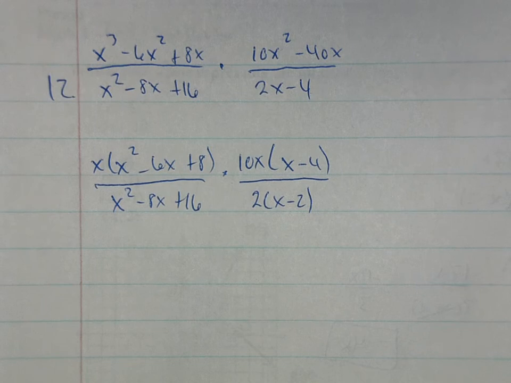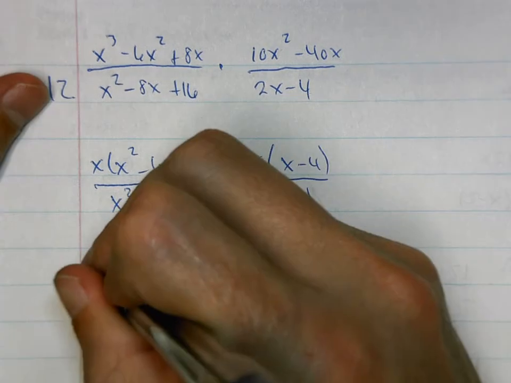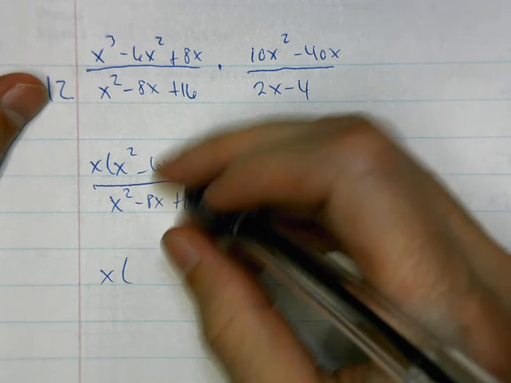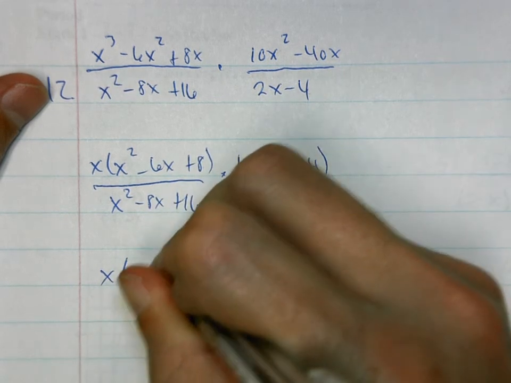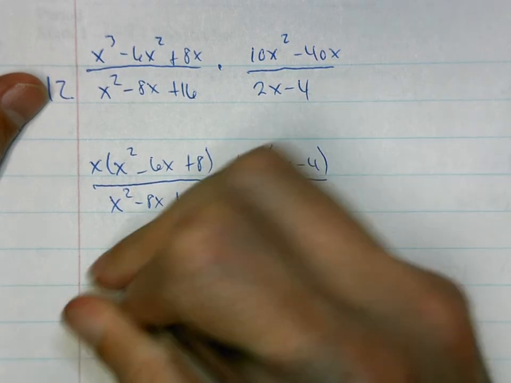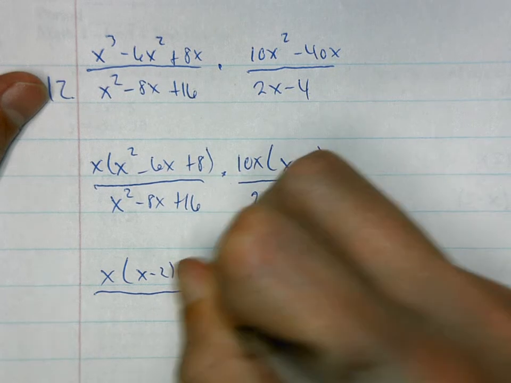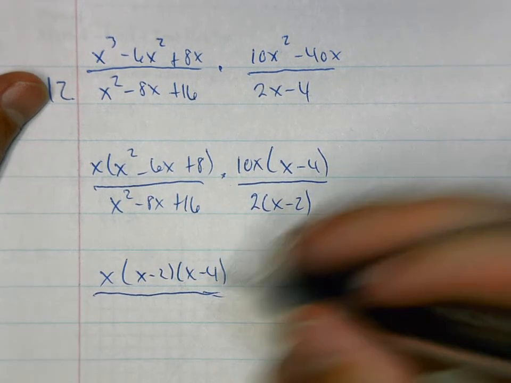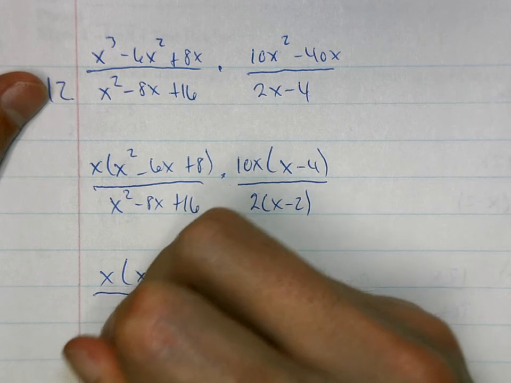And let's start factoring some stuff. Two numbers that multiply to 8 but add to negative 6: x minus 2 and x minus 4. Two numbers that multiply to 16 but add to negative 8 are negative 4 and negative 4.